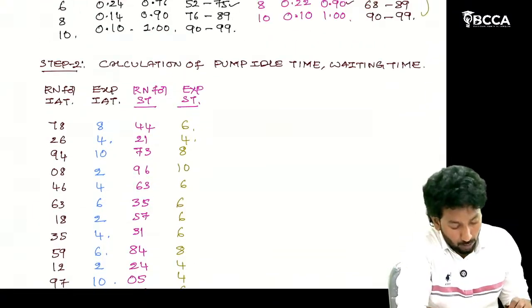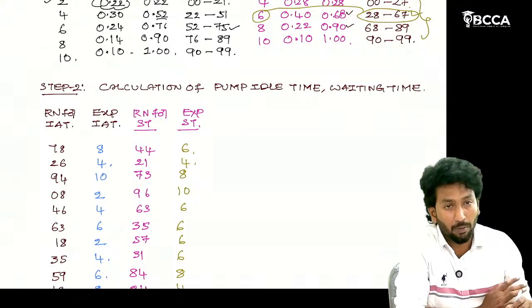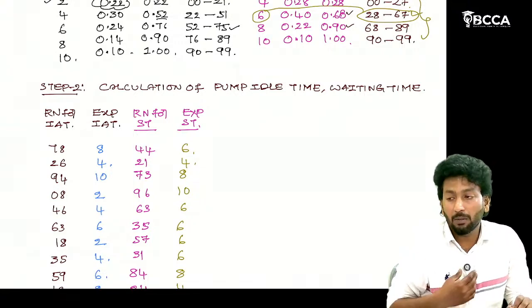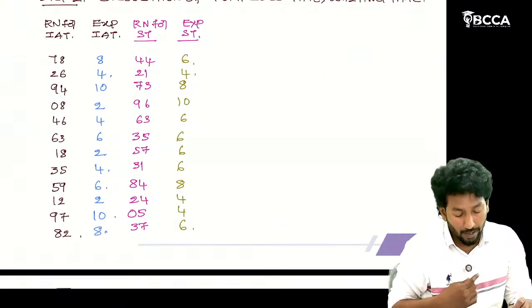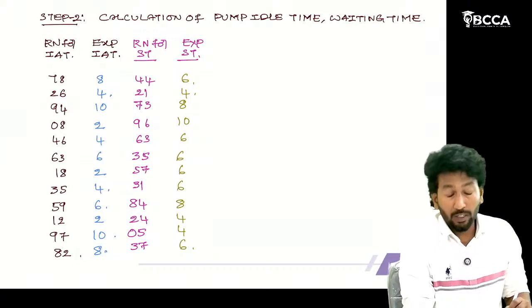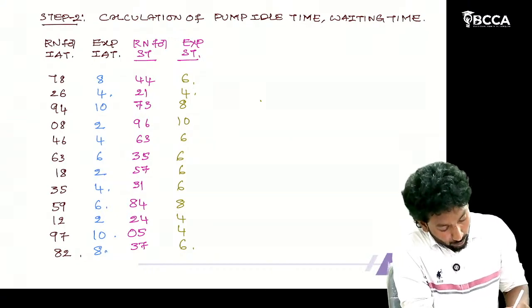Till this point the simulation problem is the same as other problems: writing the range and then using random numbers, estimating the values. Now to calculate customer waiting time, what do we need? Time into the queue. Now let us write the entry time into the queue.